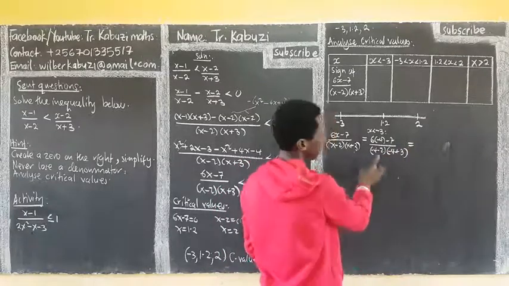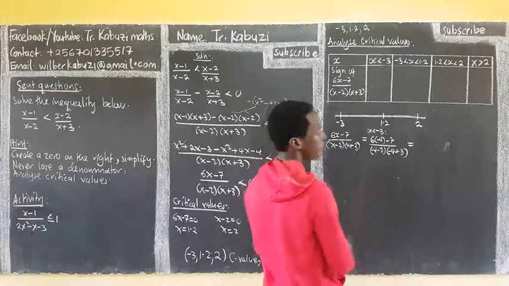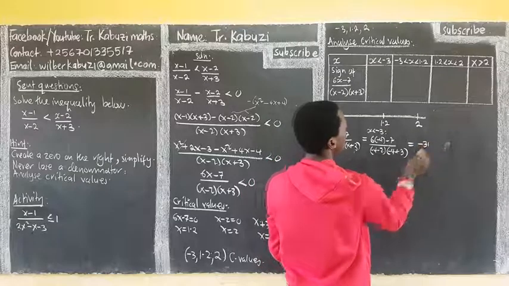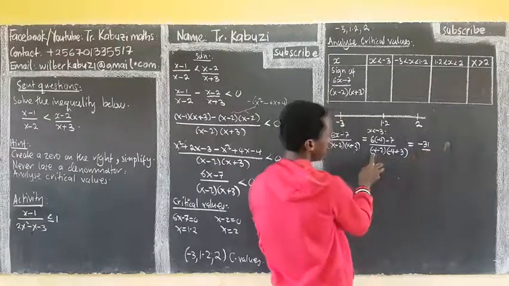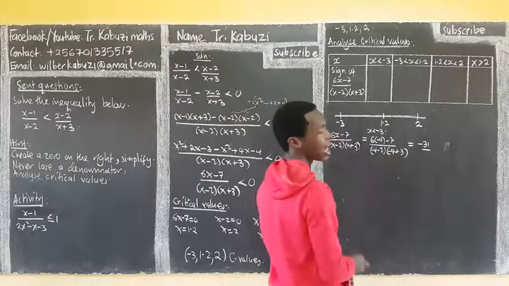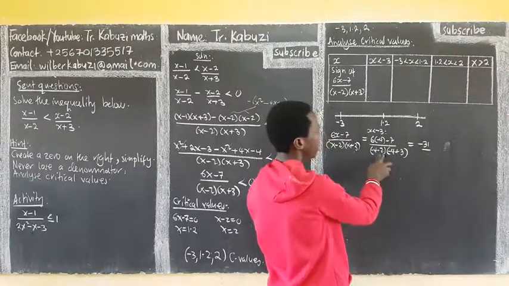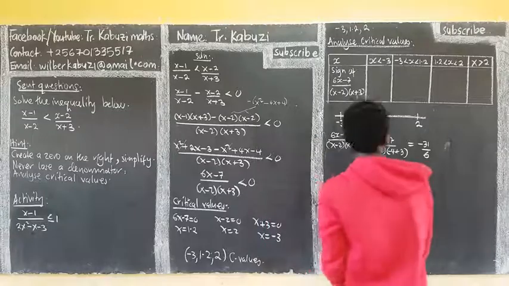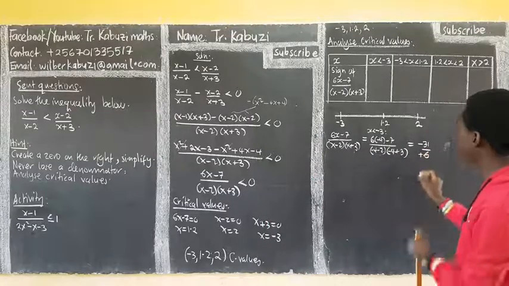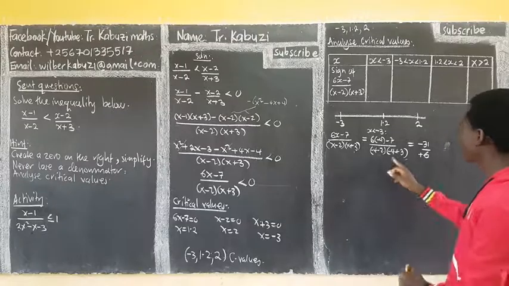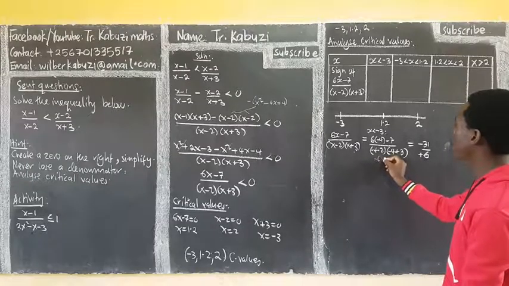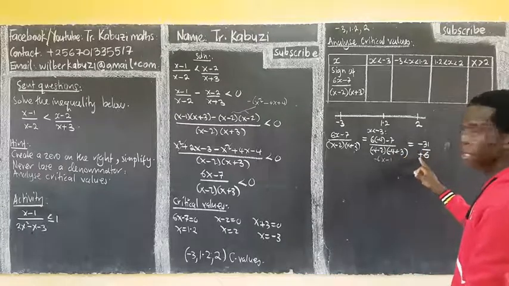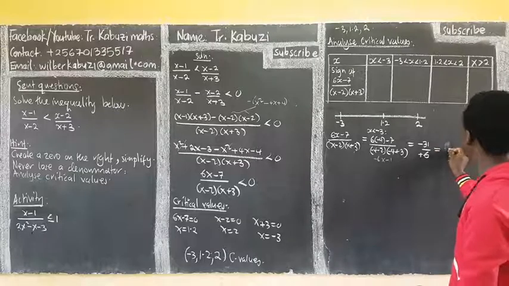This will give me 24 minus 7, which is negative 31, over negative 6 times negative 1. Negative 6 times negative 1 gives a positive 6. Now, a negative divided by a positive, the answer is going to be negative.